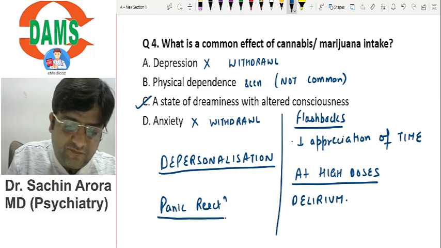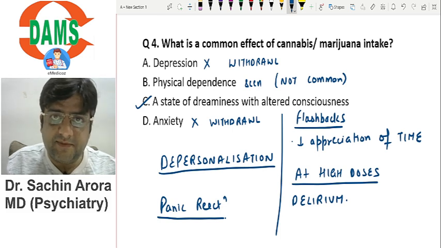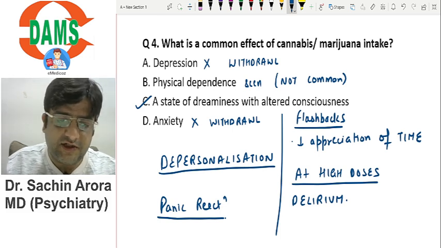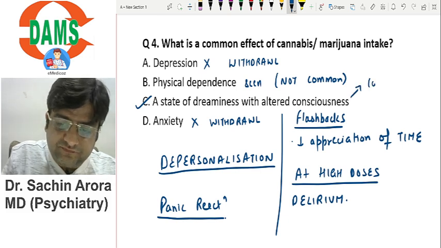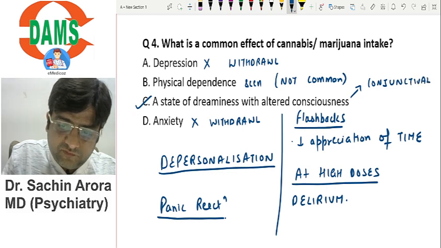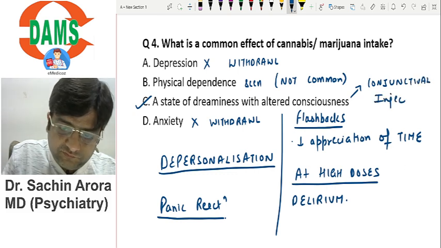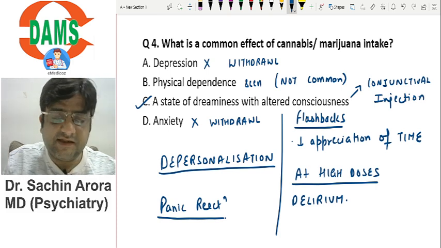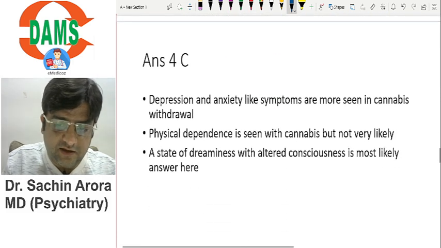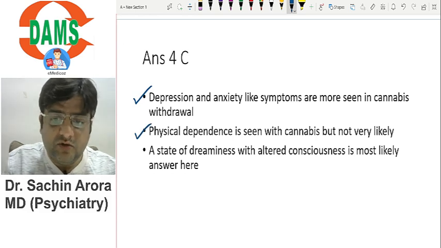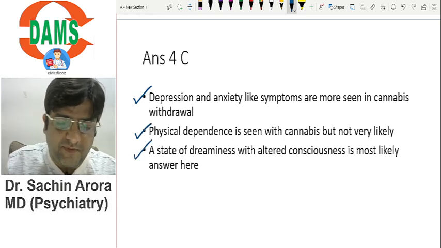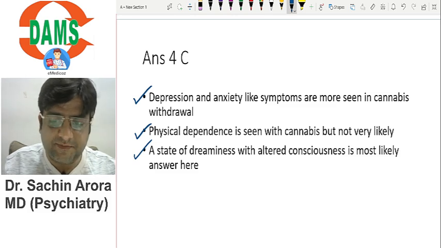Cannabis has a lot of psychological effects: dreamlike state, altered consciousness, conjunctival injection. Depression and anxiety are also seen with cannabis, but they are more likely in withdrawal. Physical dependence is seen, but not very likely. A state of dreaminess with altered consciousness is the best answer here.